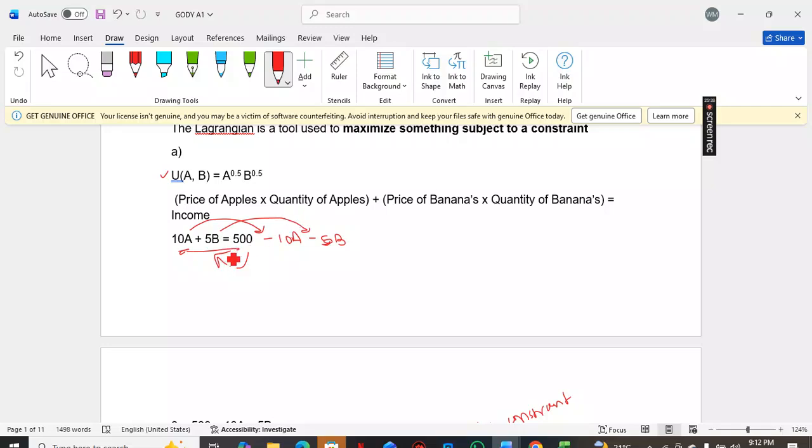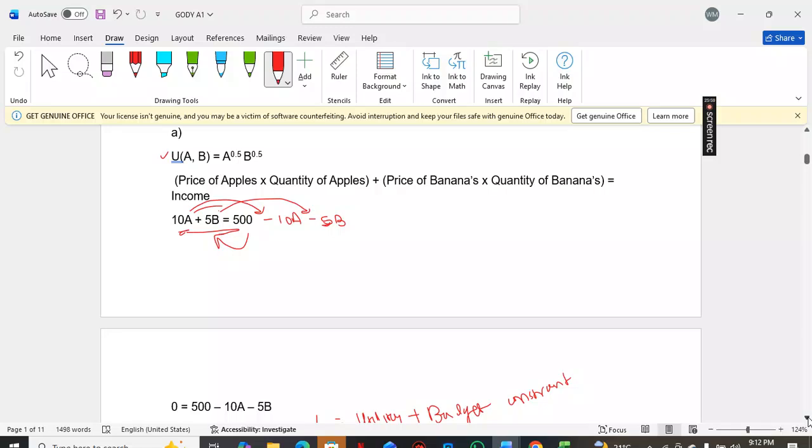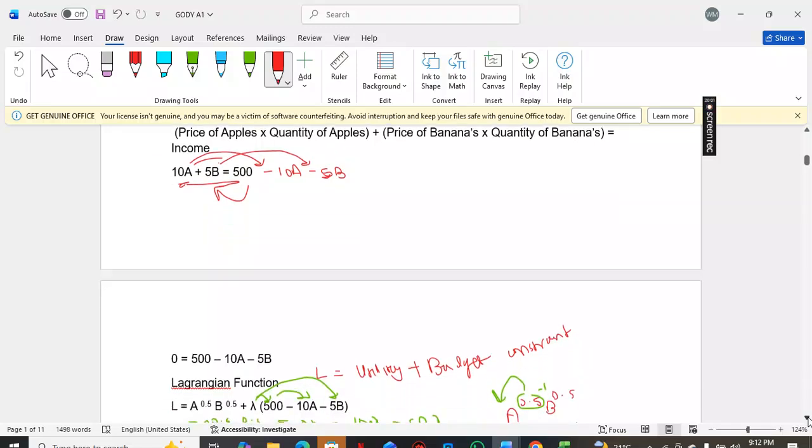Once you form it, make some adjustments for the Lagrangian function, meaning take these terms to the other side. As I've said, 10a you take this side, 5b you take this side. Once you're done with step 1, you've got your budget constraint and made that adjustment.